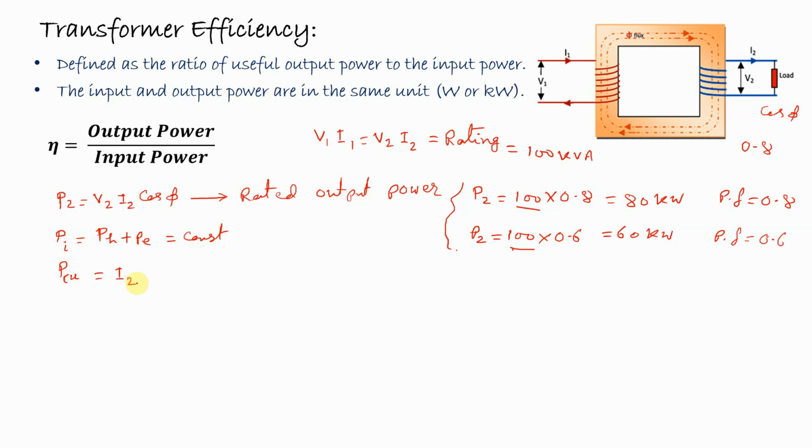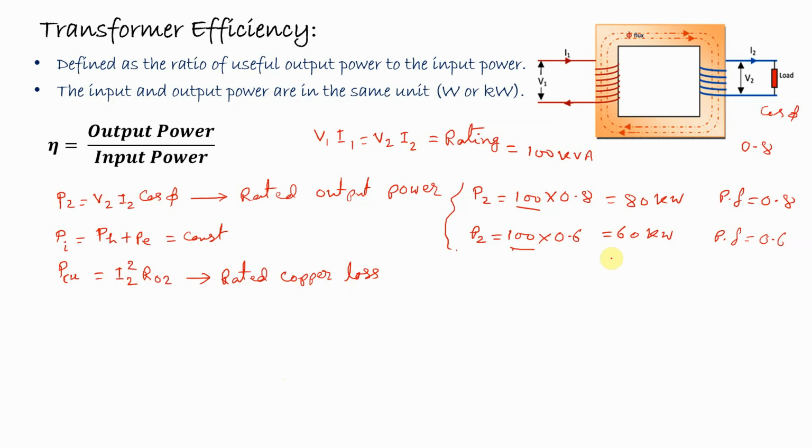In terms of the secondary current, it can be written as I2 square R02. So when V2I2 is 100, this I2 square R02 is also considered as the rated copper loss.